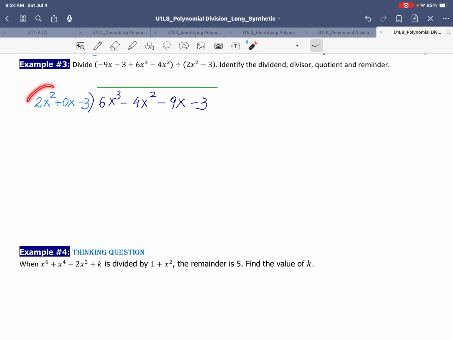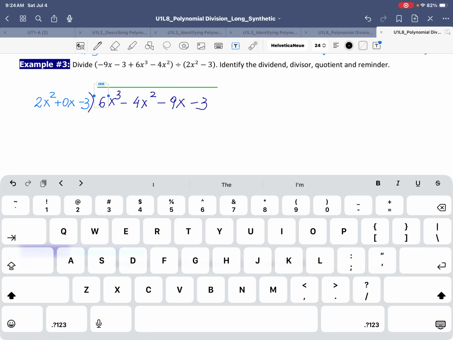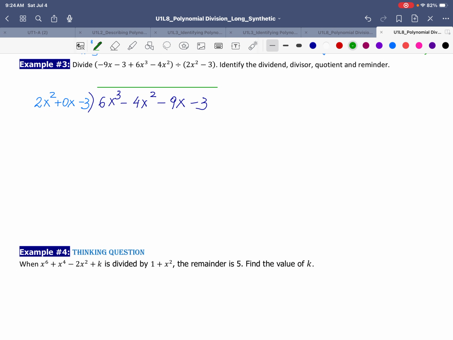2x squared goes into 6x cubed. And you can do this in your head as I mentioned before. We're going to say 6 divided by 2, that's a 3. And x cubed divided by x squared is x. Now we'll take 3x and multiply with every term in this divisor.